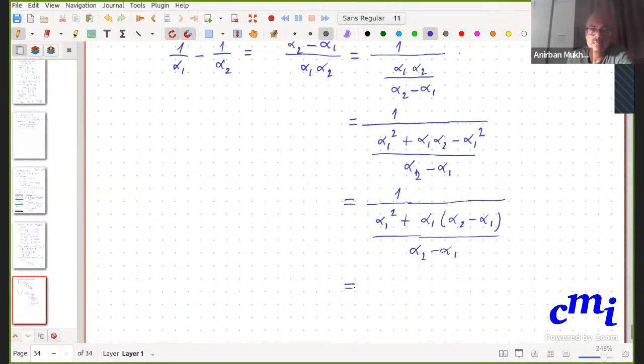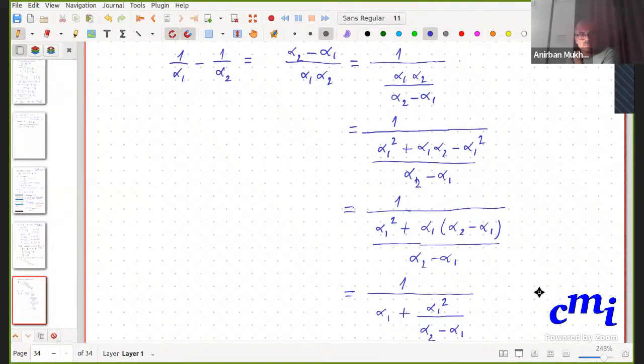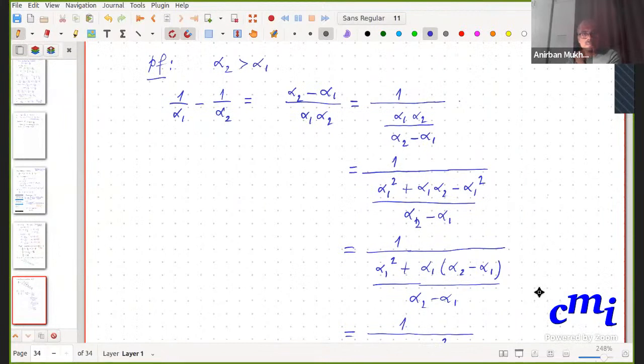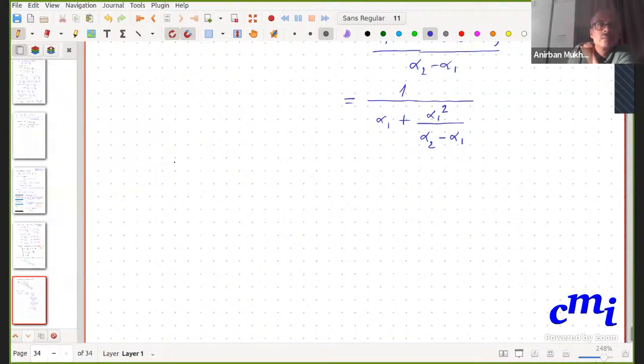What we get is alpha 1 plus alpha 1 square by alpha 2 minus alpha 1. This is what you get. We are going to use this, so let me write it as a direct formula.